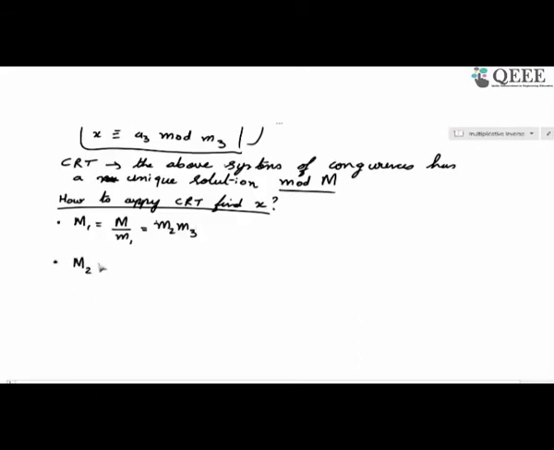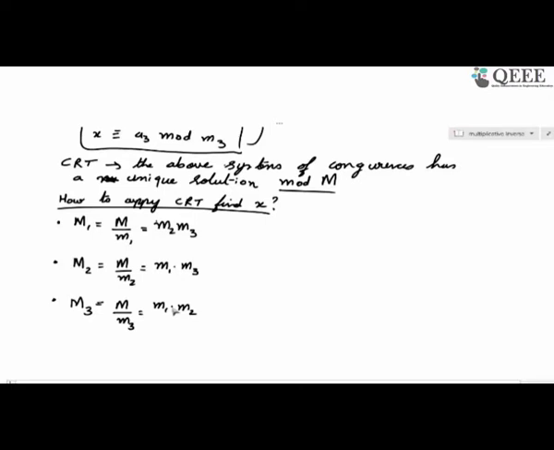Similarly, we can define capital M2 as capital M divided by m2, which is m1 into m3, and we can also define capital M3 to be equal to capital M by m3, which is m1 into m2.